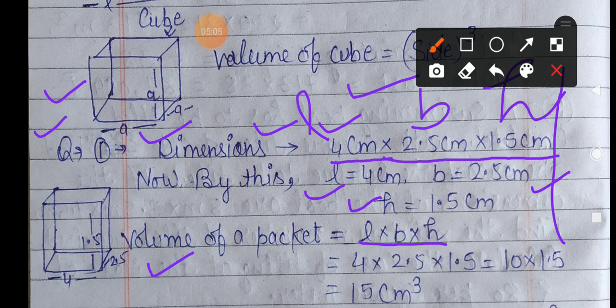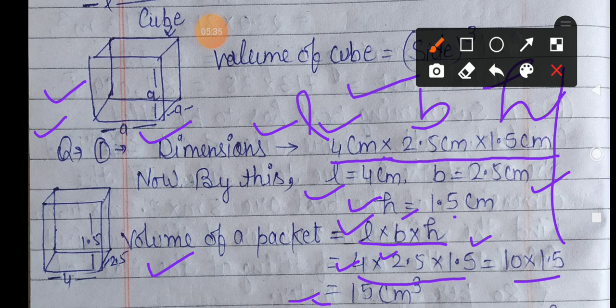You very well know we discussed the volume of a cuboid before starting this problem. Now you put the values of length, breadth and height, multiply them and get the volume of one packet. So in the place of L you put 4, in the place of B you put 2.5, and in the place of H you put 1.5.